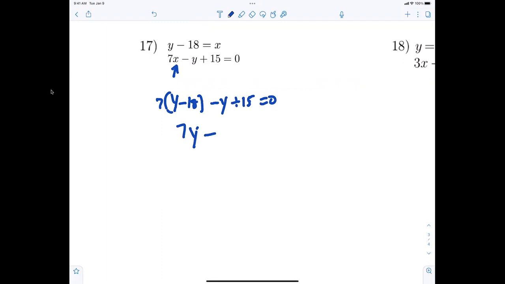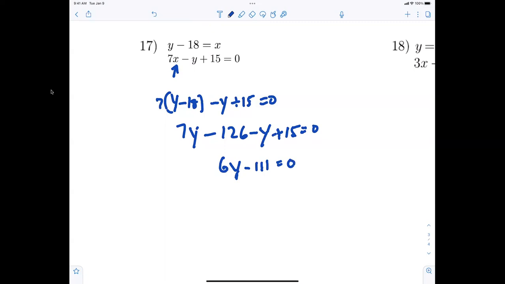7y minus 126. So 6y. So we're getting 6y. Is that right? 146.